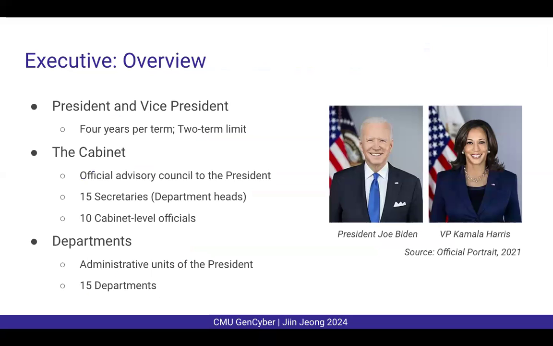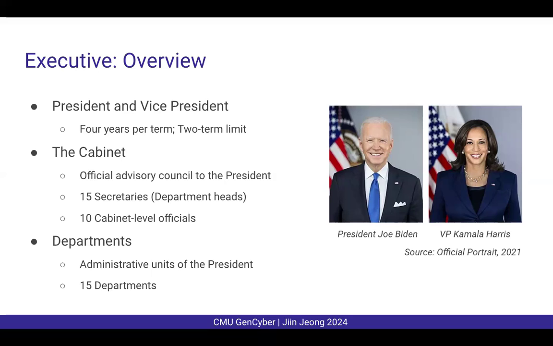Now moving on to the executive branch. So probably the first person that you think of when it comes to the executive branch is the President of the United States. So the executive branch is made up of the president and vice president, who serve 4 years per term and have a 2-term limit. And at the moment, the president of the United States is President Joe Biden, and the vice president is Kamala Harris.